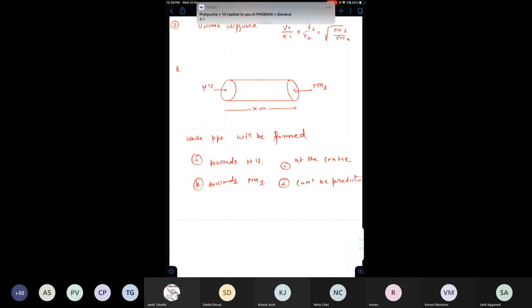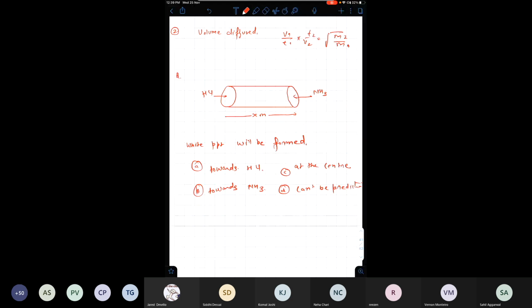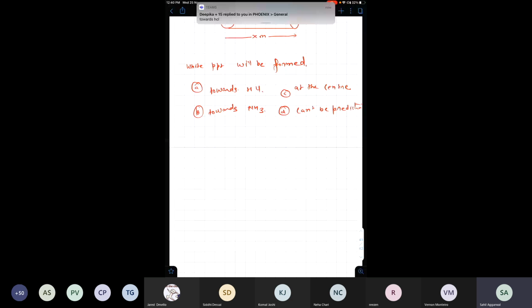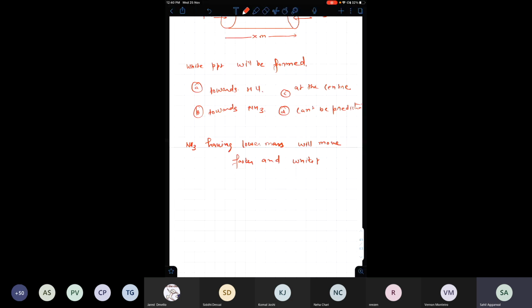A. B. A. So NH3 having lower mass will move faster and white PPT NH4Cl will form towards HCl.